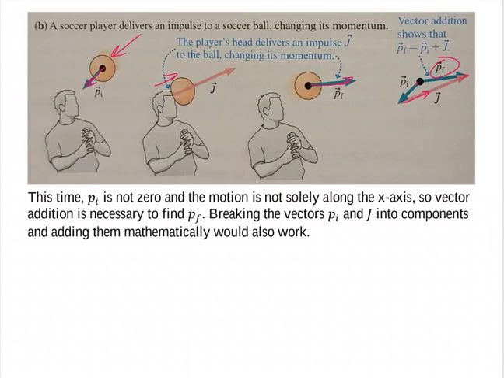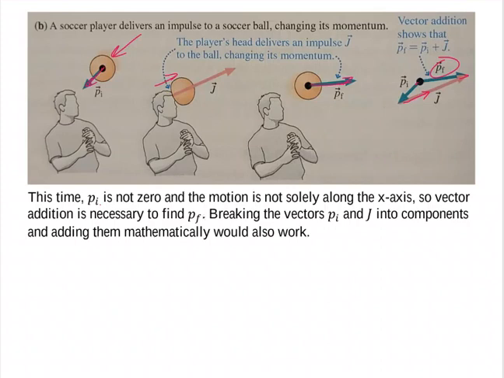So now the vector addition gives us the final momentum vector. The vector addition that we were doing earlier in the year allows us to come up with the final momentum vector there. Using a graphical approach makes it an easier way to analyze how this ends up. So initial momentum is not zero. The motion is not solely along the x-axis. So vector addition was very useful to find the final momentum.